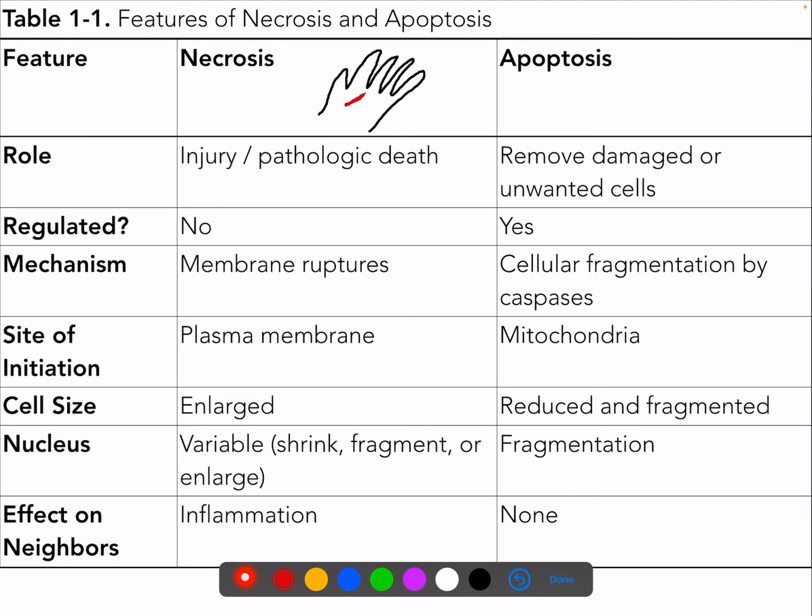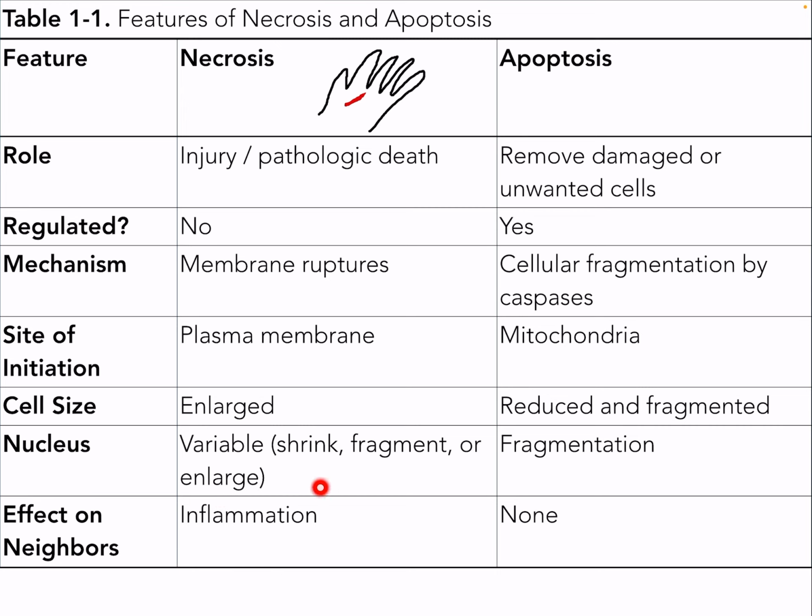What's going on there is that we rupture the plasma membrane. So whatever caused the cut physically slices through the plasma membrane, causing the cell to explode and leak out its insides. When those insides leak out, that triggers an inflammatory response.